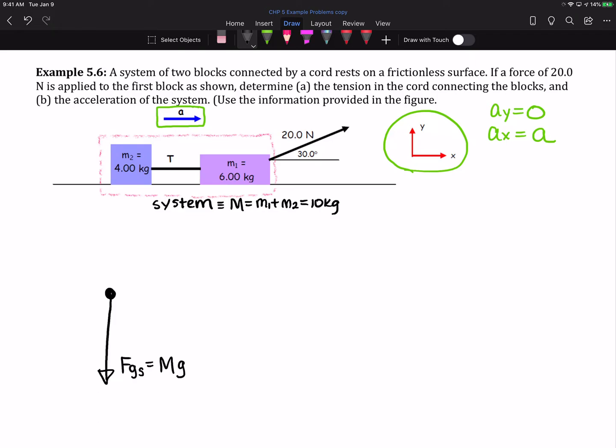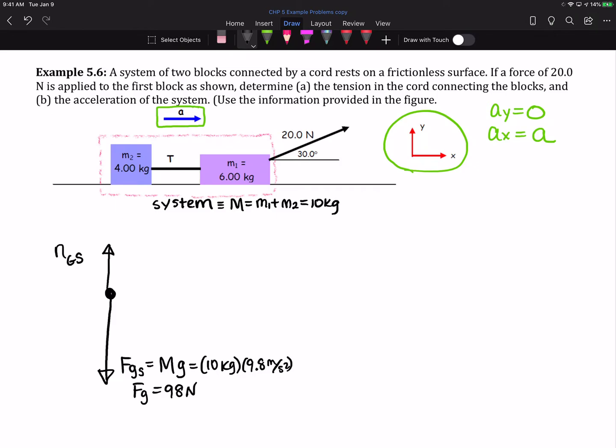The force of gravity of my system is 10 kilograms times 9.8 meters per second squared, so my force of gravity is going to be 98 newtons. I also have an upward force that's a normal force, which is the force of the ground on my system.